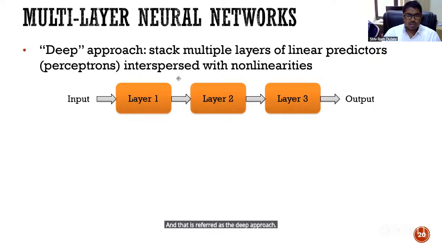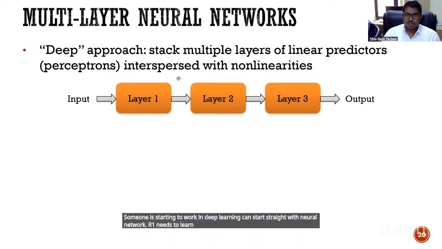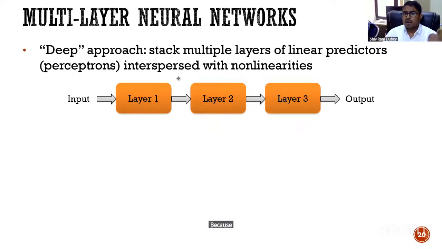So there is a question here. Someone starting to work in deep learning can start straight with neural networks, or does one need to learn ML first, like SVM or other ML algorithms or other fundamentals? Okay, getting to know machine learning fundamentals is very, very essential if you want to understand deep learning very well, because deep learning is kind of an extension of machine learning.